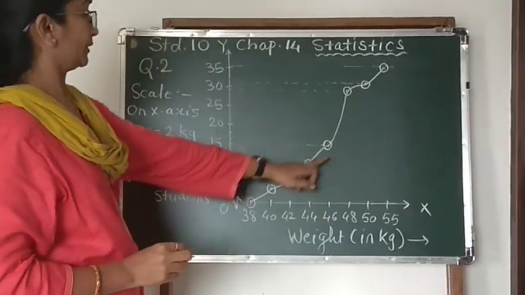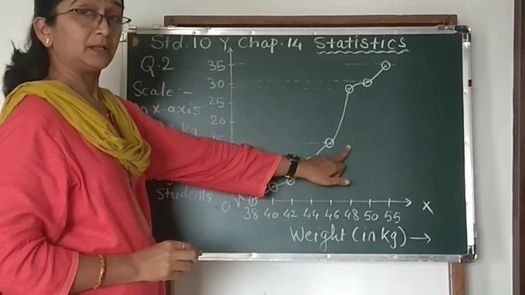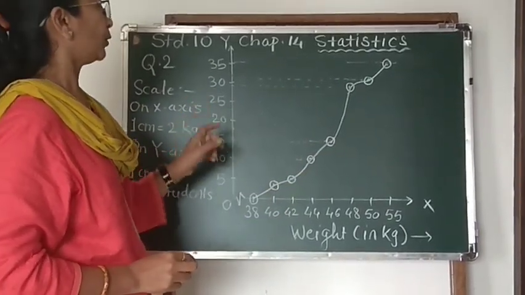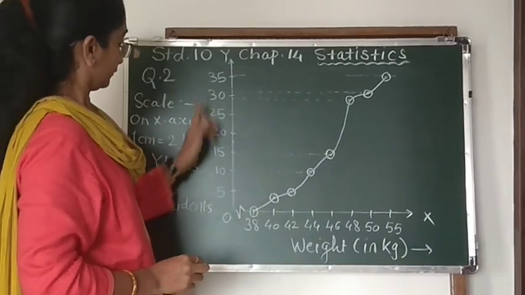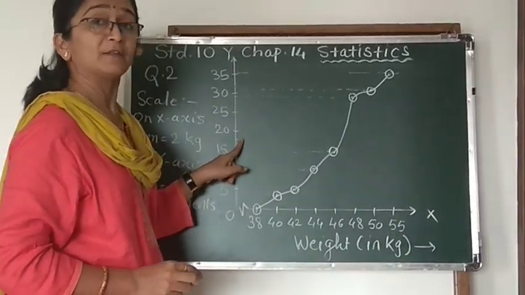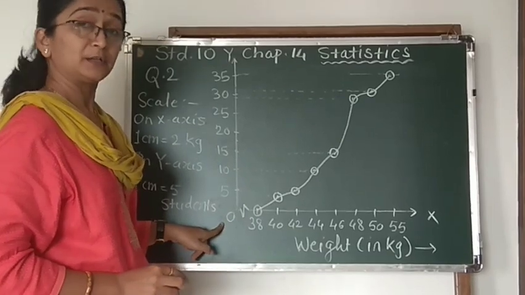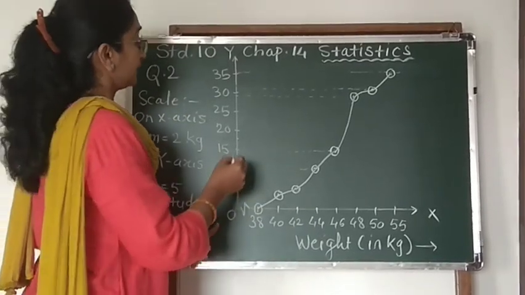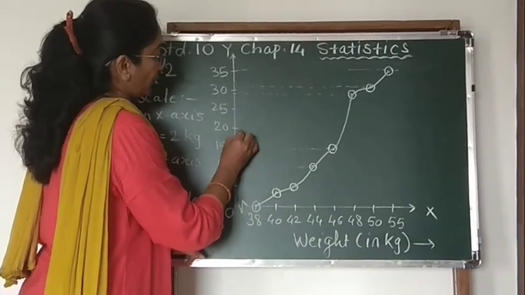Now this is your less than type ogive. From this you have to find the median. We know that we have to check the value of n by 2 in the cumulative frequency. So on the y-axis you take this n by 2, that is 17.5.